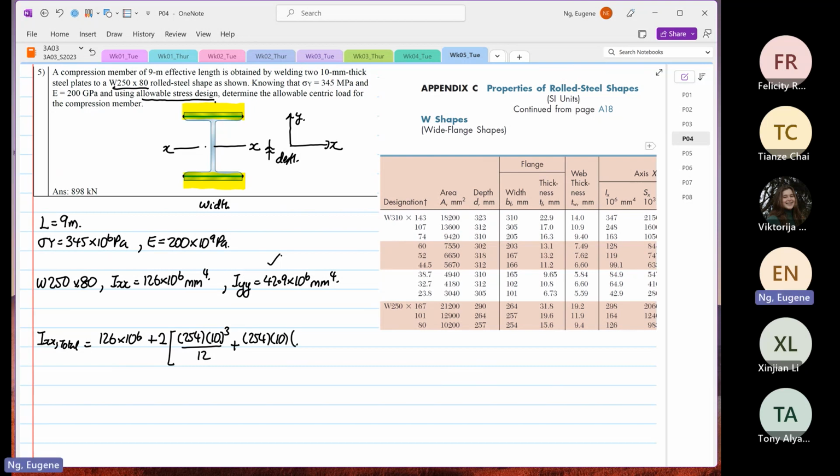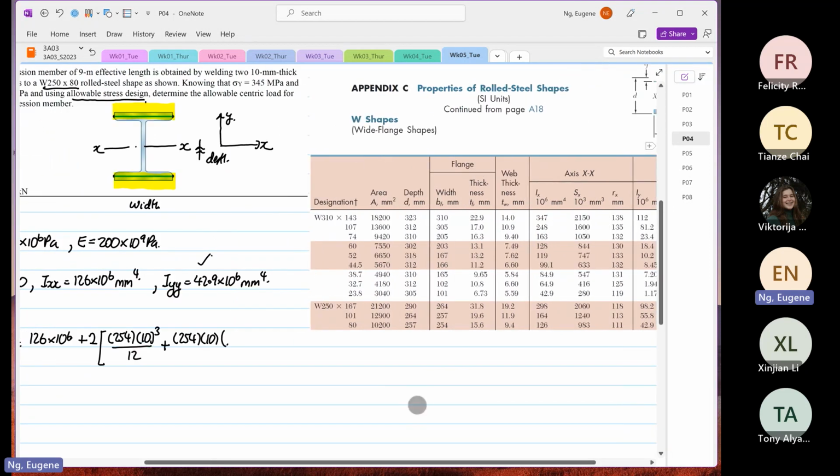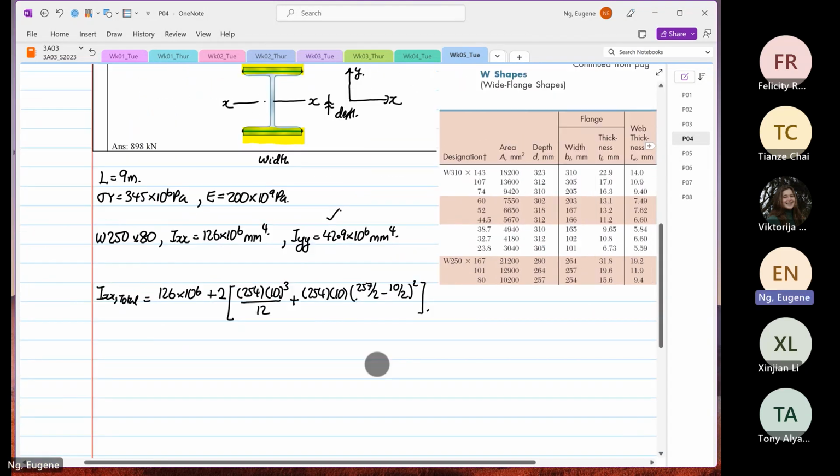And then Y bar is equal to what? So it's D divided by 2, 257 divided by 2, minus the thickness divided by 2, squared. Okay, so you do this.